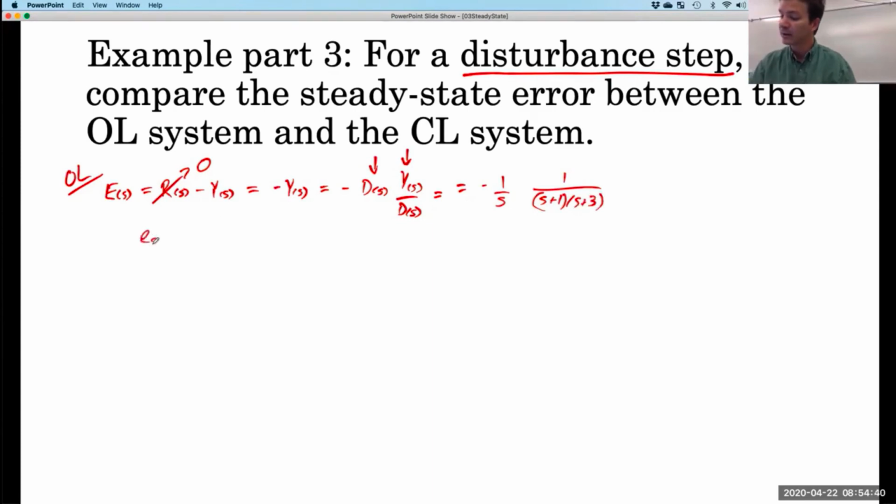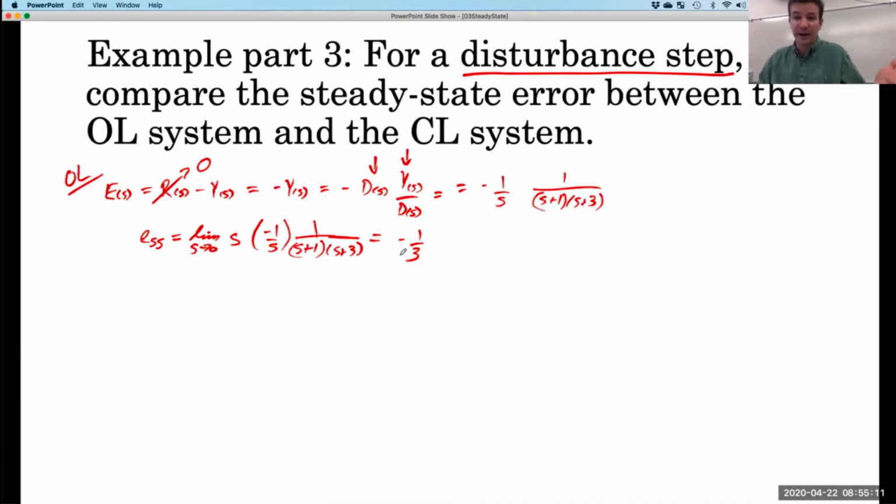Therefore, the error in steady state is going to be the final value theorem applied to that signal, which looks like -1 on 3. So if the alien pushes with a unit force in one direction, the rover will end up moving -1/3 of a meter from where we thought it was.